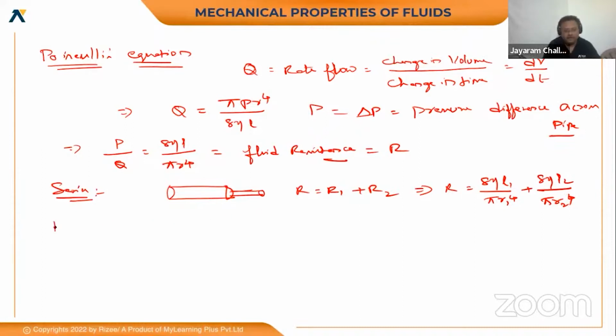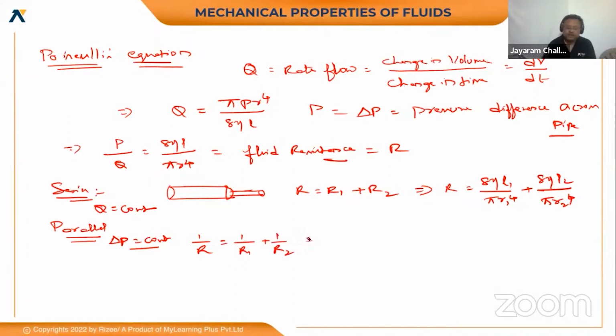Now for the parallel combination అయితే pressure difference will be constant. ఇందులో delta P is equal to constant, that is pressure difference remains constant, which you can write as 1 by R is equal to 1 by R1 plus 1 by R2. This formula you can apply in the case of the parallel conditions.